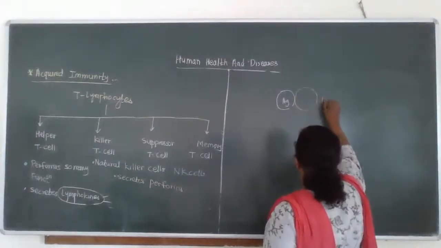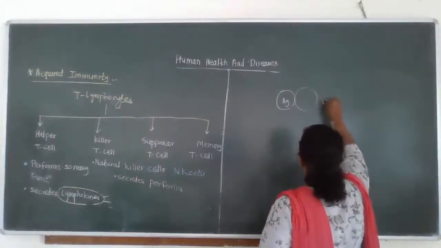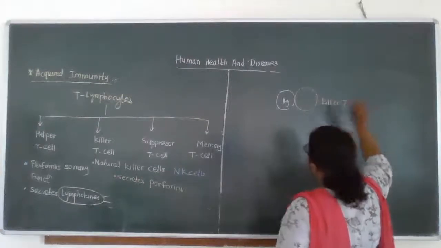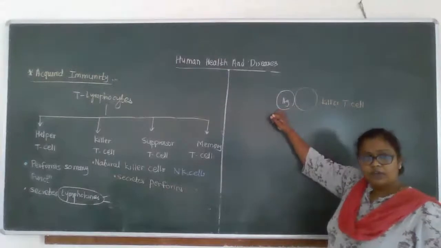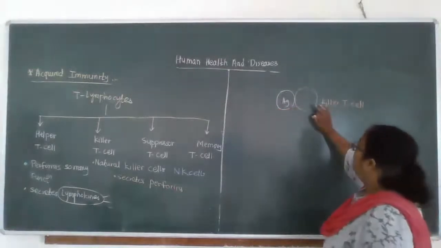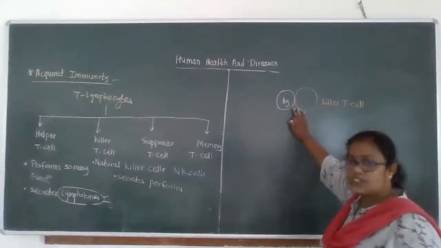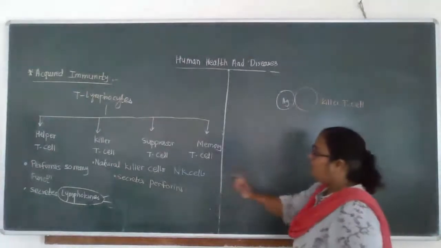This is a killer T cell. When the antigen comes, this killer T cell goes and binds to that antigen, and it releases the perforin.